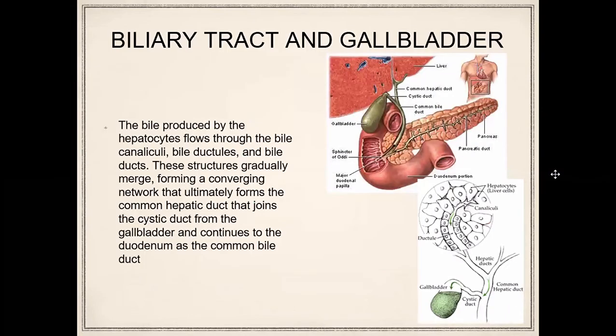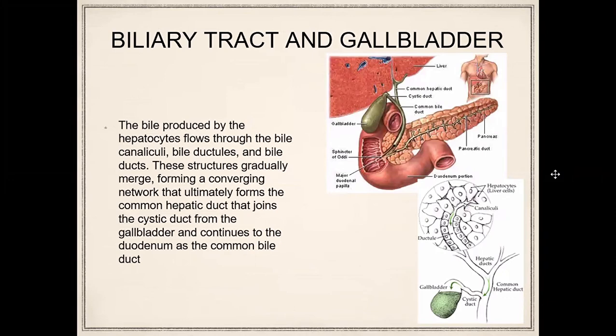The biliary tract and the gallbladder. The bile produced by the hepatocytes flows through the bile canaliculi, bile ductules, and bile ducts. So canaliculi are smaller, ductules become bigger, and bile ducts are where the bile passes.